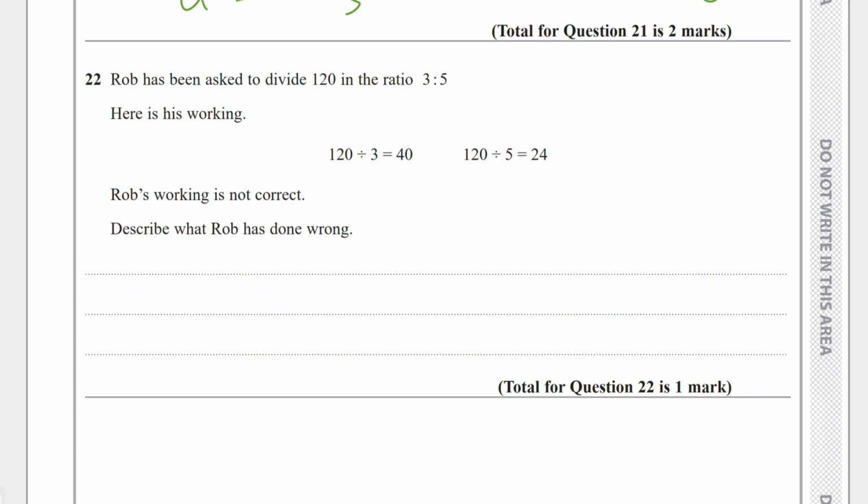Rob has been asked to divide 120 in the ratio 3 to 5. So let's look at his workings. 120 divided by 3 is 40, and 120 divided by 5 is 24. So what Rob has done wrong was to divide the ratio by 120.